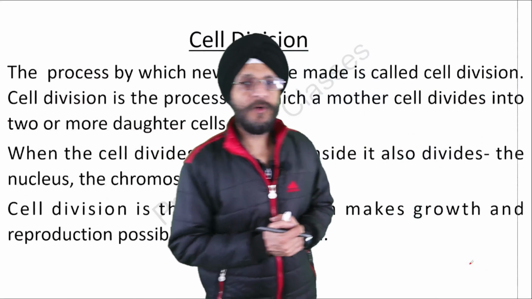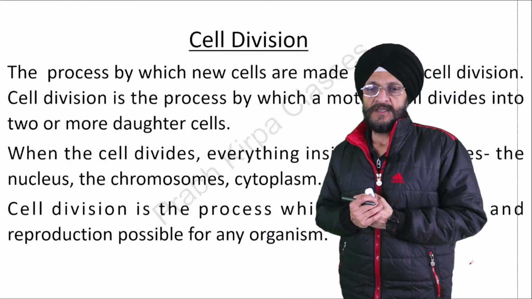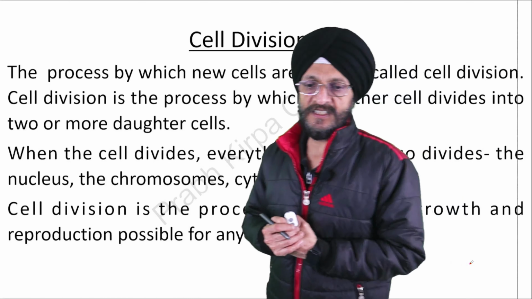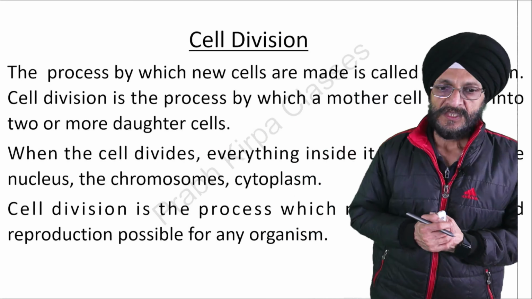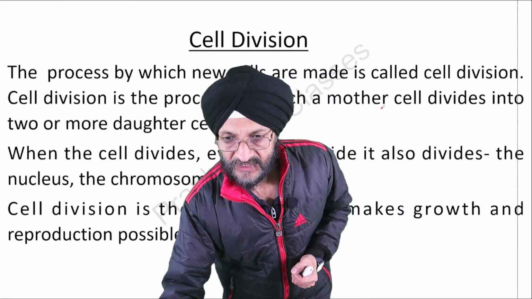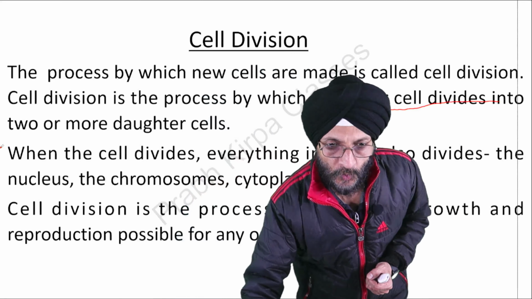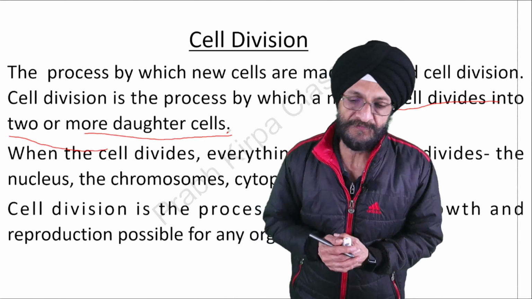Now we discuss cell division. The process by which the new cells are made is called cell division. Cell division is a process by which a mother cell divides into two or more daughter cells.